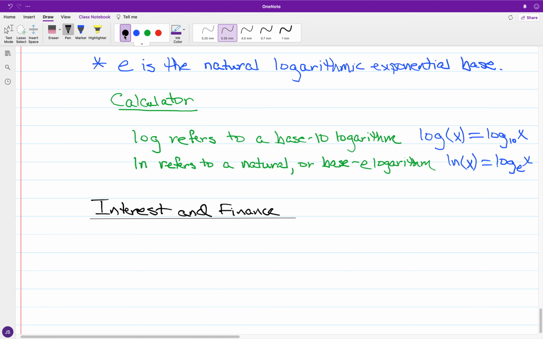It'll be a little while before we get to the exponential base e. But in the first stage, we have what's referred to as simple interest. If you're taking business courses, you probably have seen this formula or some variation of it.